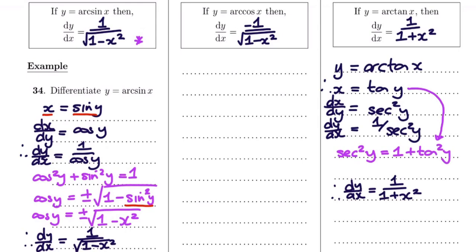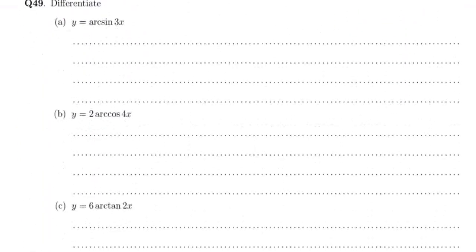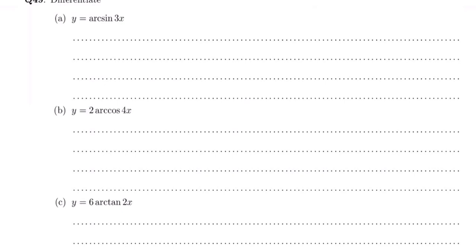And that is your rules for differentiating arctan, arccos and arcsine. Now, if you get one of these in the exam, it will say show that, and then it will say hence. So it might say something like hence differentiate y equals 2 arccos of 4x.